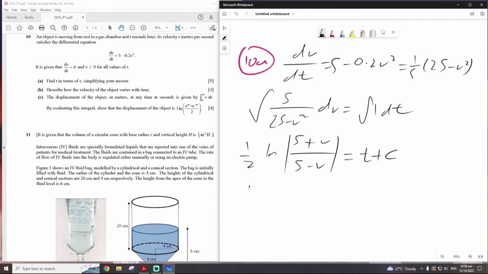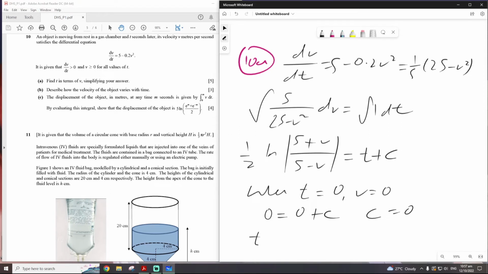When t equals to 0, it moves from rest originally, so v is also equals to 0. So ln 5 divided by 5 is ln 1, which is 0. So therefore you have 0 equals to 0 plus c. C is also 0.